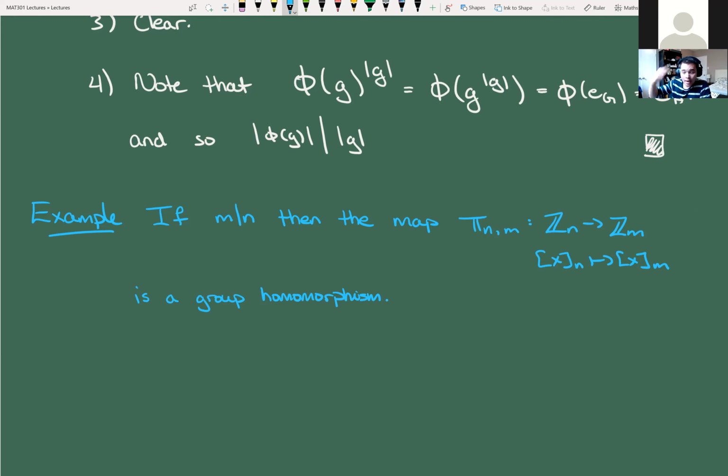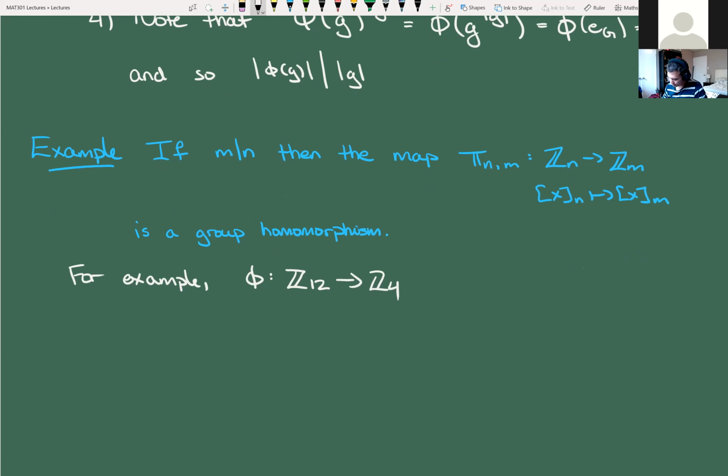Okay, and we're going to check it, but let's choose an m and n to be concrete. So for example, if we take Z12 to Z4, what we're going to do is take each element, and instead of computing it mod 12, we're going to compute it mod 4. So 0 maps to 0, 1 maps to 1, 2 maps to 2, 3 maps to 3.